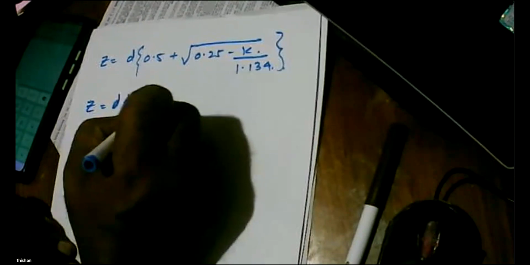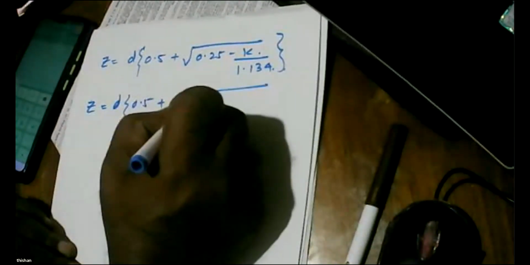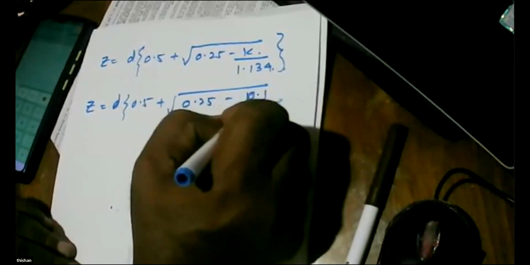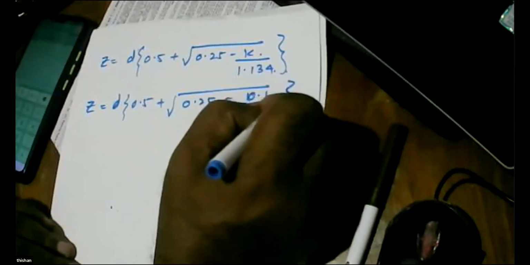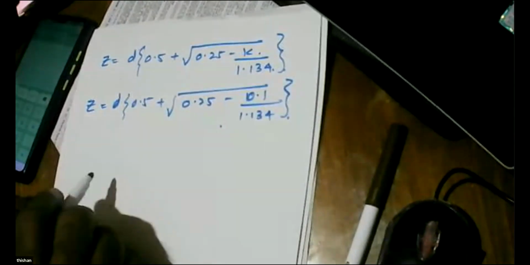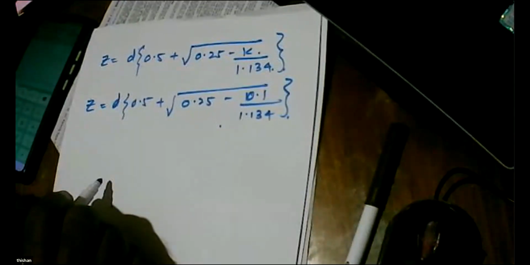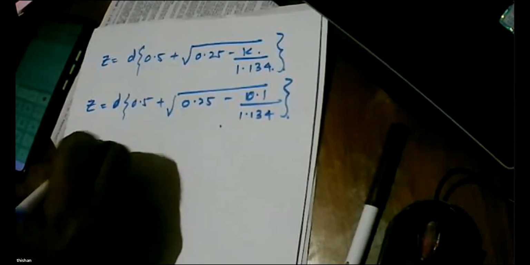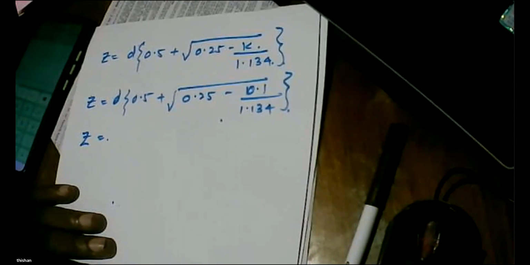As a function of d, 0.25 minus 0.1 over 1.134. What is the answer? 0.90. Yes, sir. 0.90.